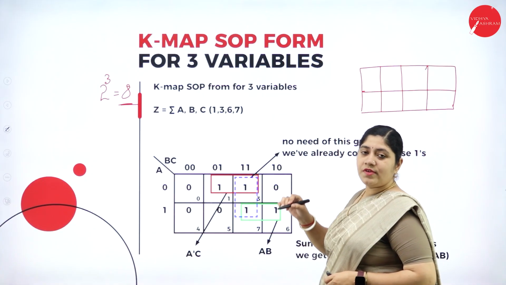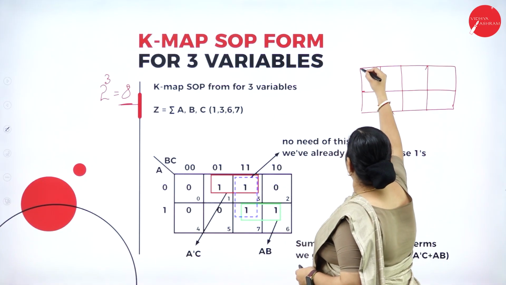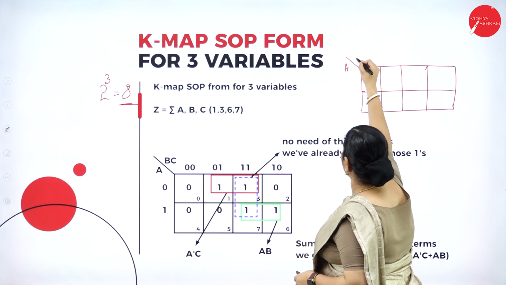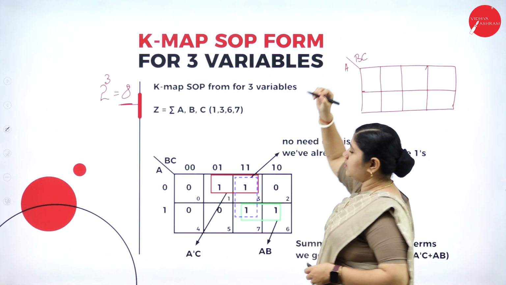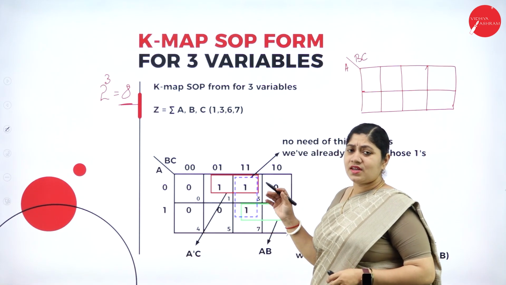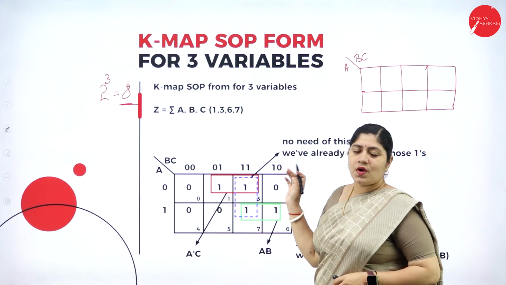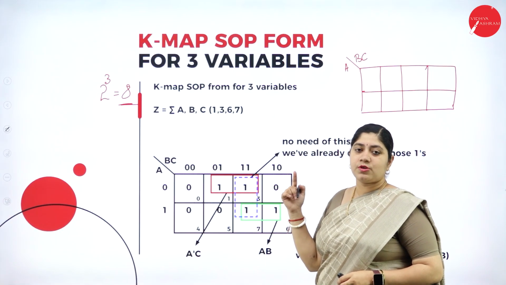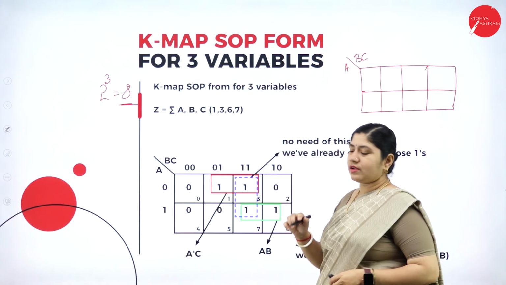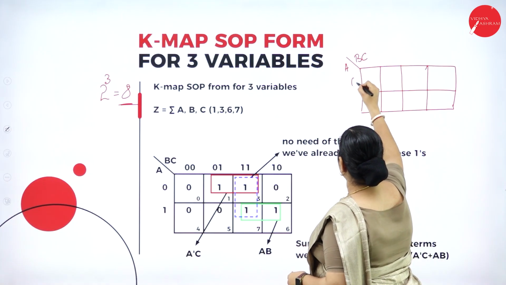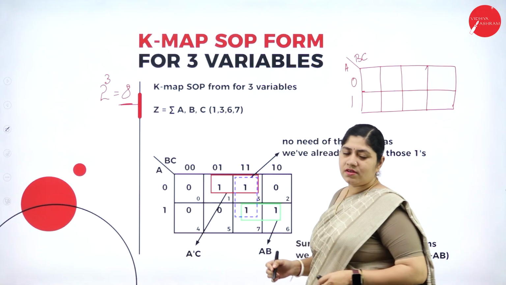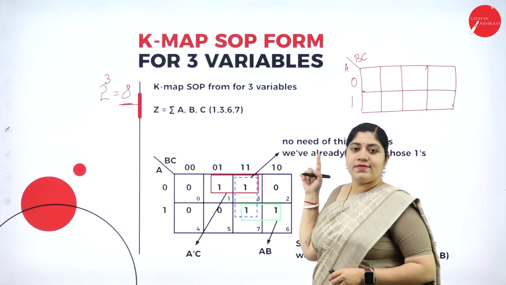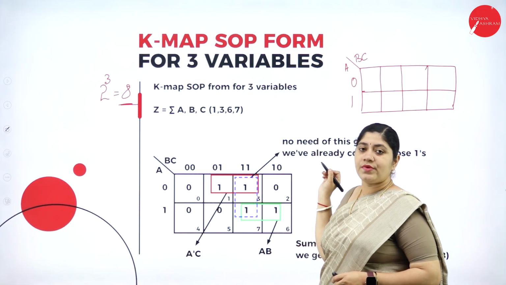We have 3 variables, so let's write the variables here: A, B and C. Let's consider this just as an example. Whenever we consider a single variable, the possibilities with respect to Boolean are either 0 or 1. So we will be writing 0 and 1 with respect to the variable A, followed by variable B.